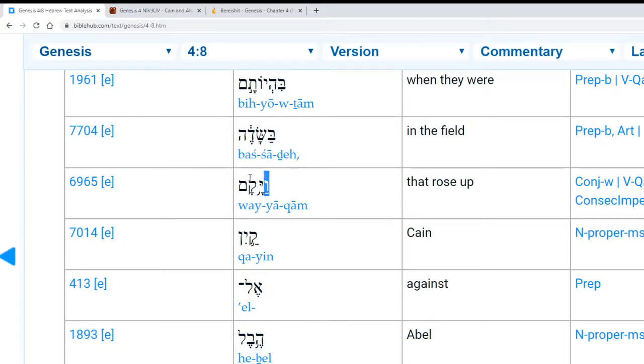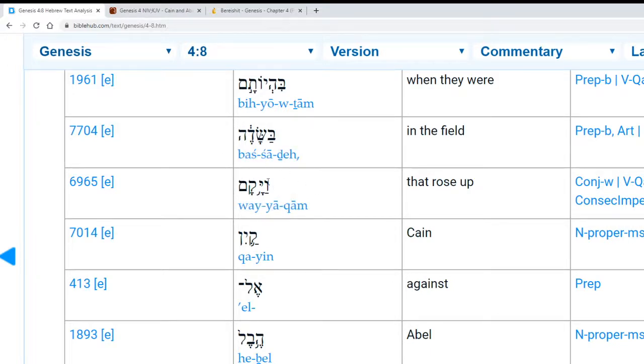The root here, Qof Mem Hey, yeah, so the Quf and the Mem are definitely there. This can be kind of a difficult verb because there are similar verbs with that.